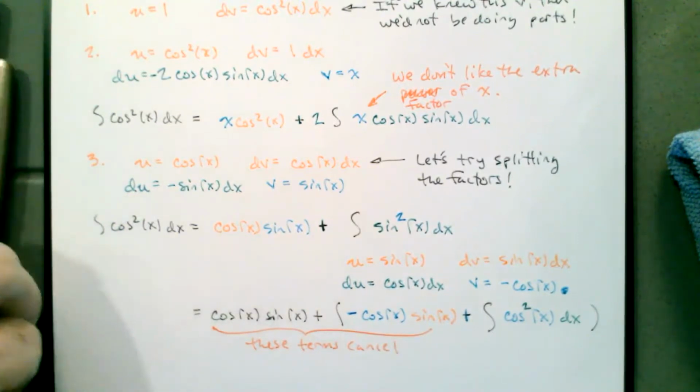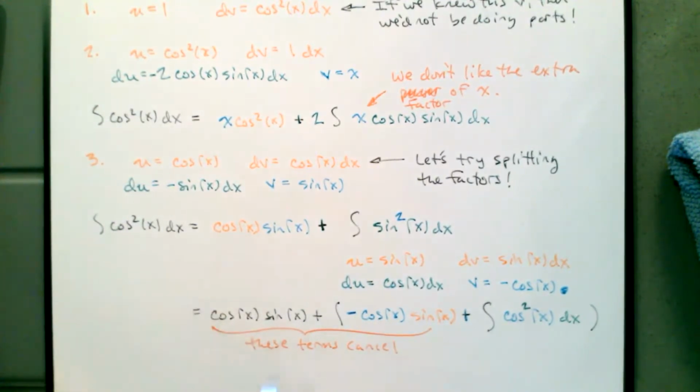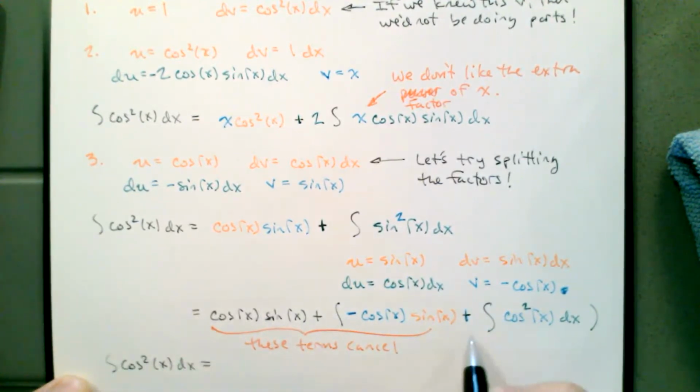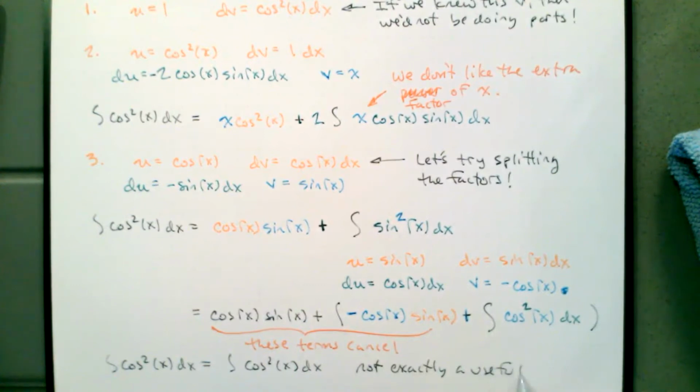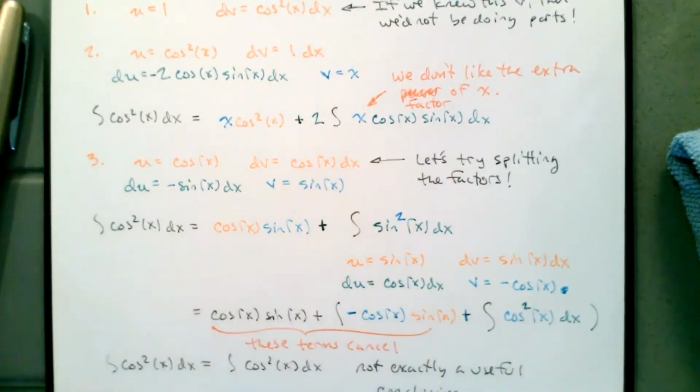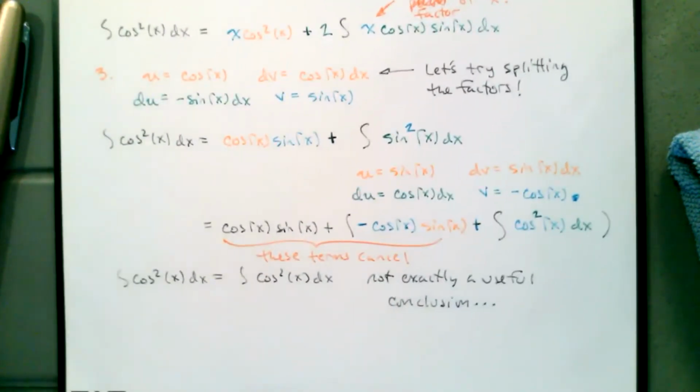And so we're left with the integral of cosine squared x dx is equal to the integral of cosine squared x dx. Which is not exactly a useful conclusion.